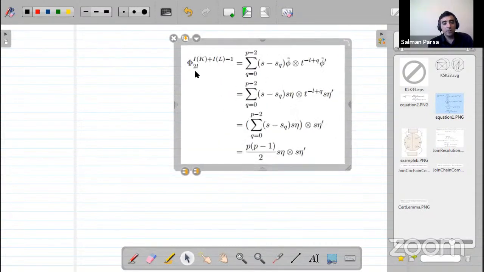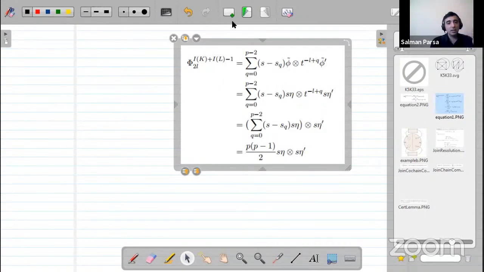Right, so if we actually look at the relevant term, there is only one term which can be non-zero in this situation.